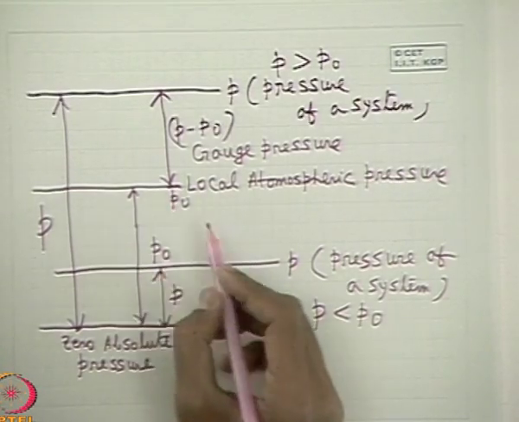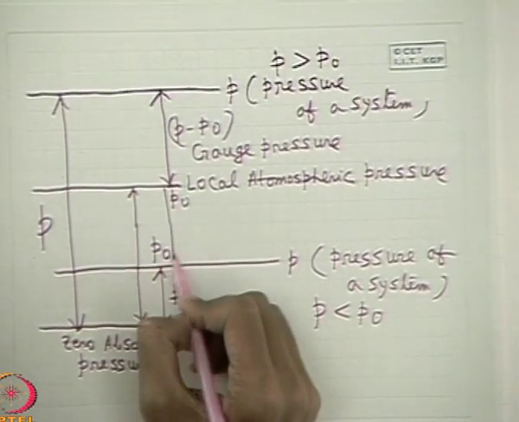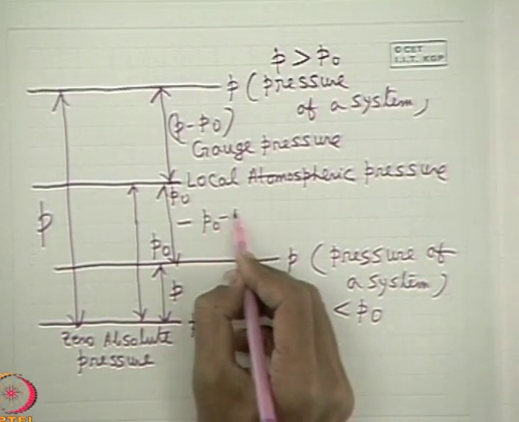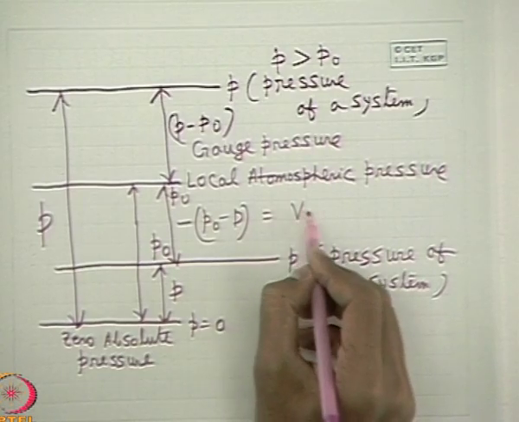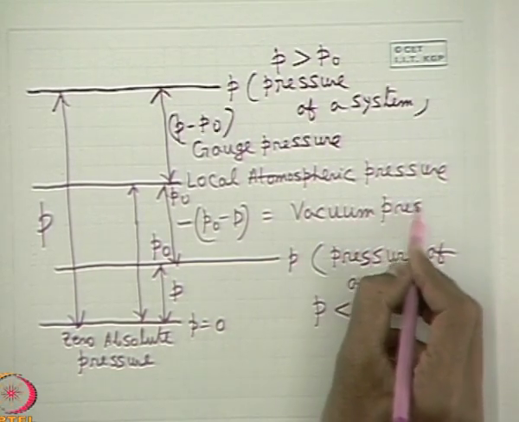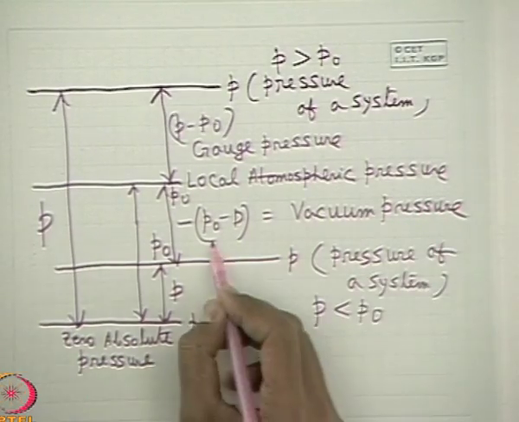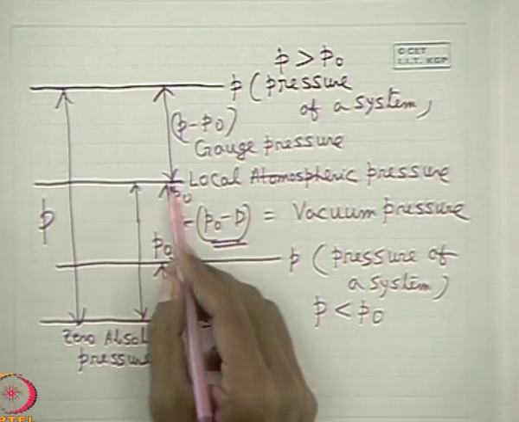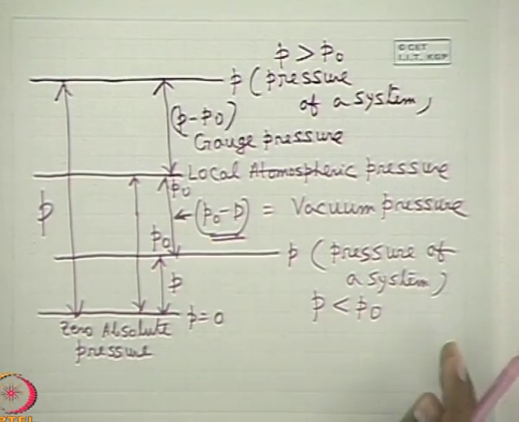Now this difference, P0 minus P, is the vacuum pressure. The positive value is the vacuum pressure, or it is the negative gauge pressure if you express this as P minus P0.